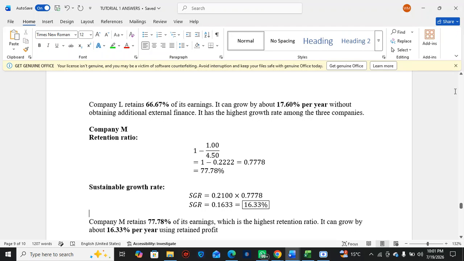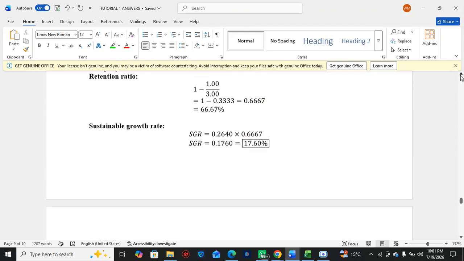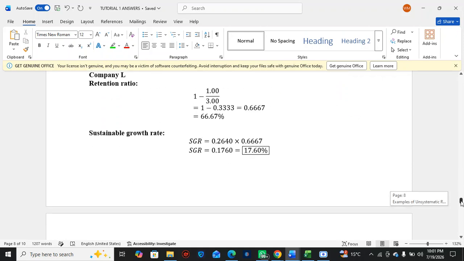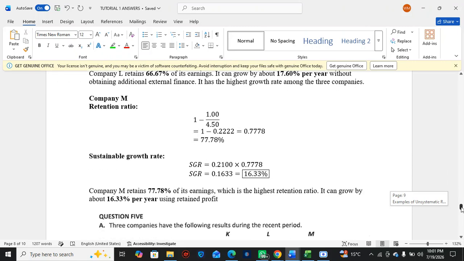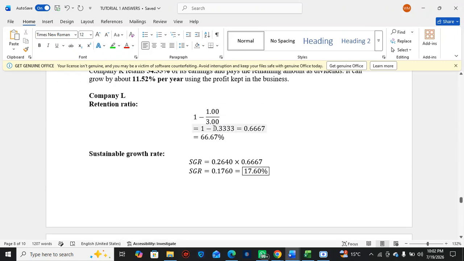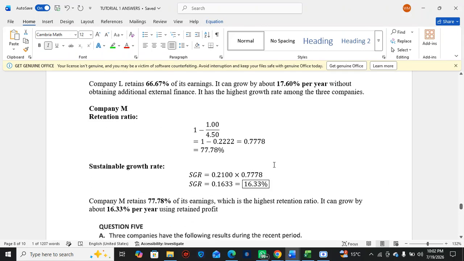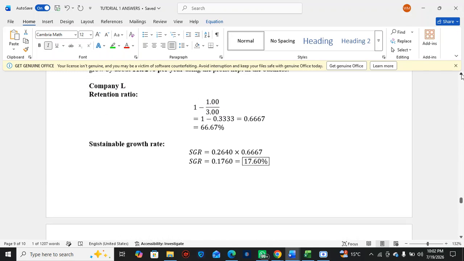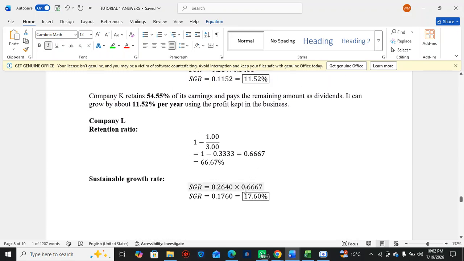Now I want us to notice something also. Company L pays out 33%, while company M pays 22%. So company L pays more dividends than company M. But you notice the sustainable growth rate is higher for L than for M, despite L paying more of its profit as dividends.